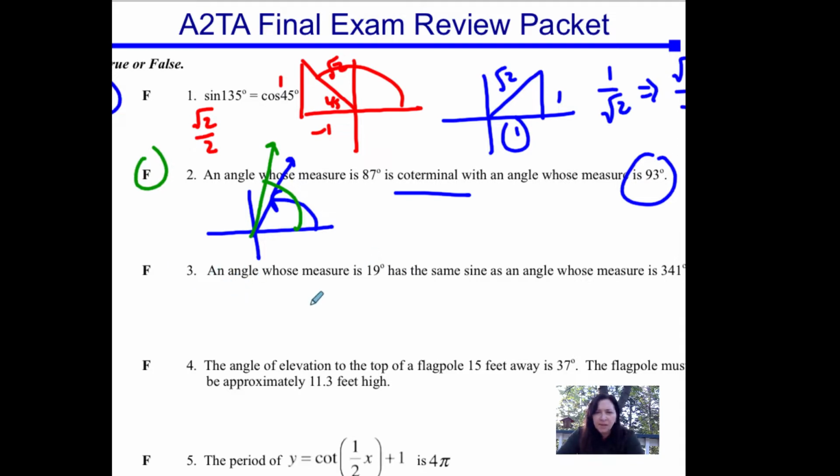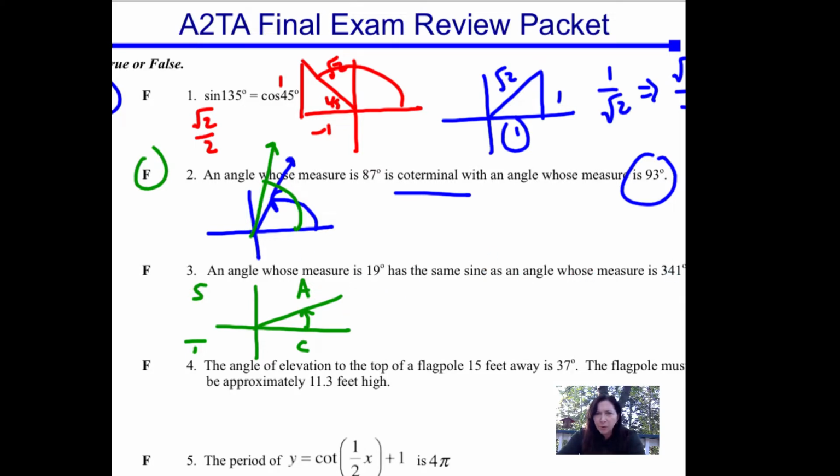The next question says, an angle whose measure is 19 degrees, so that's going to be right about here, from here to this value is 19 degrees, has the same sign as an angle whose measure is 341 degrees. So in this quadrant right here, we have all students take calculus. So in quadrant 1, we have the same sign as an angle of 341.